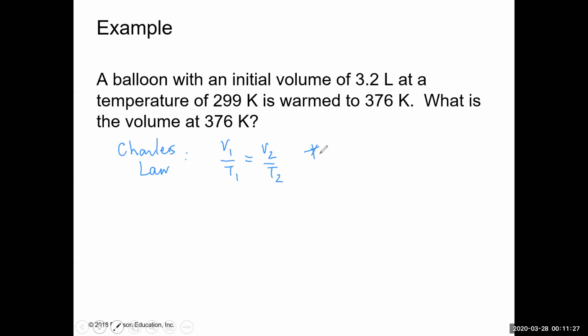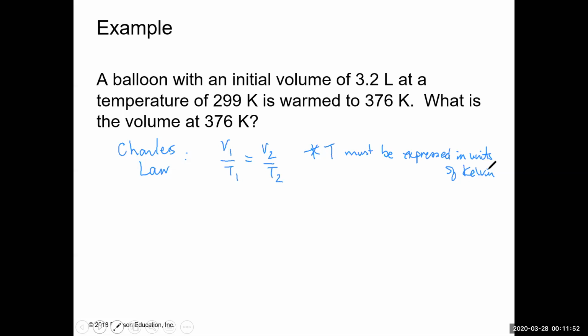Remember that temperature must be expressed in units of Kelvin. In this case, the temperature units are already given in terms of Kelvin.